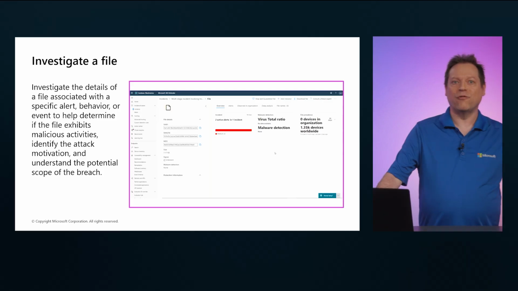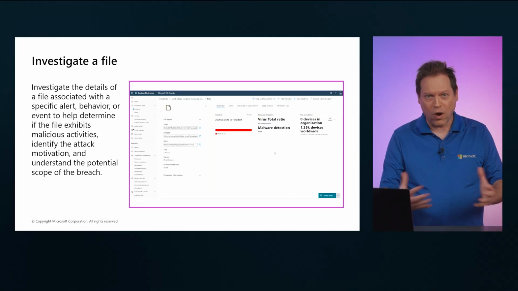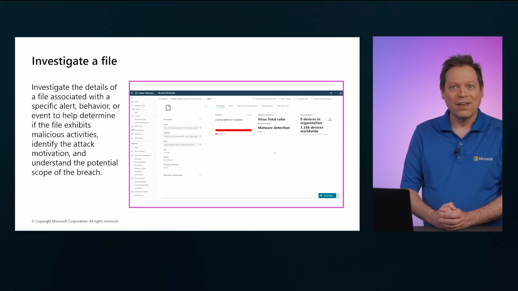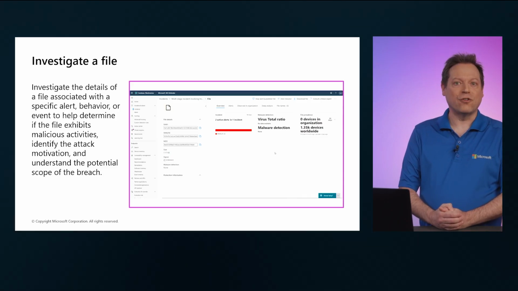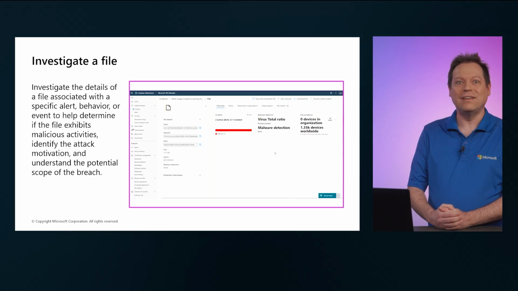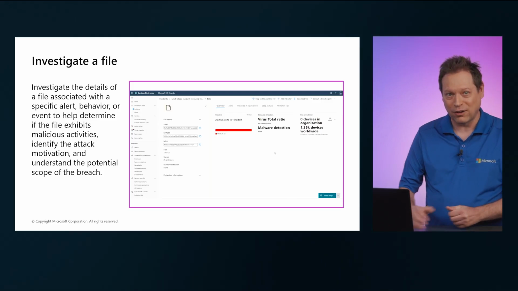This is where you validate whether the file is truly harmful, whether it's widespread, and how it connects to the larger attack chain. If you want to see deeper analysis capability, there's a supporting video called the Microsoft Defender for Endpoint Deep Analysis, and additional guidance on responding to file alerts.